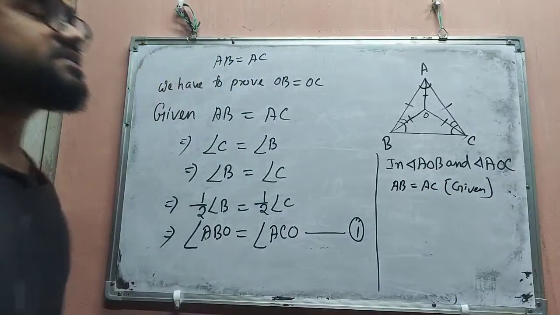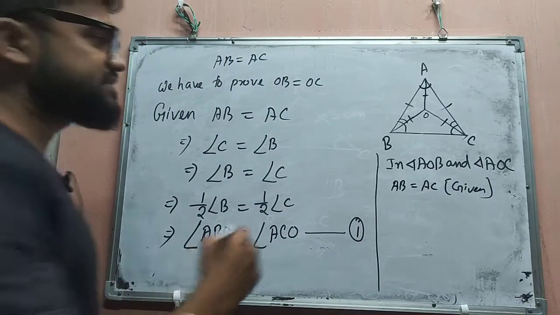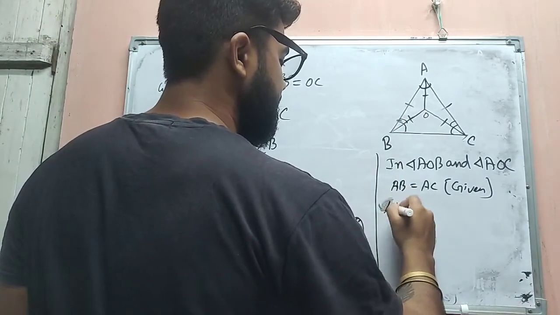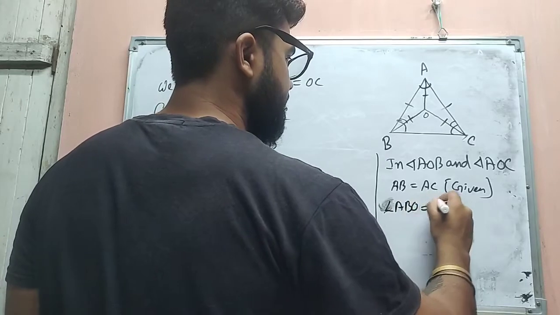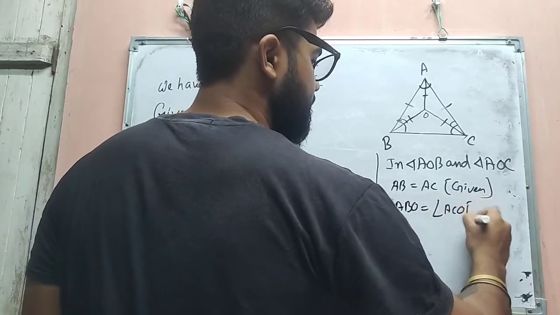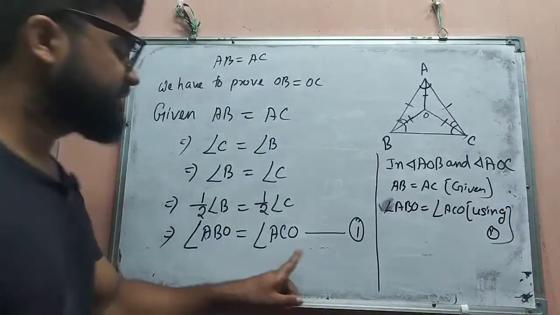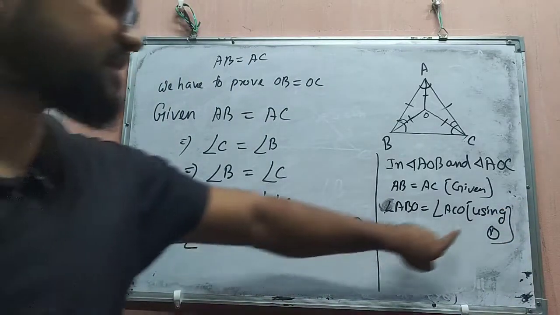This is given because these two are equal. Secondly, angle ABO equals angle ACO using 1, because we have already proved this. We marked that as equation number 1, so we write using 1.